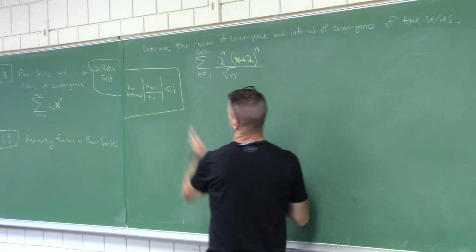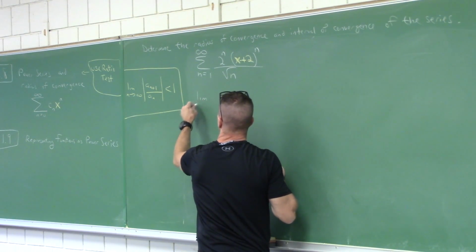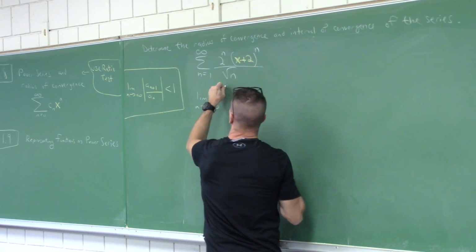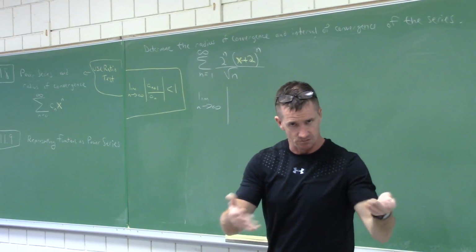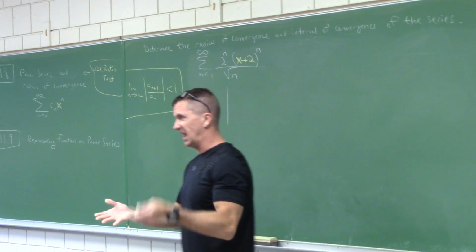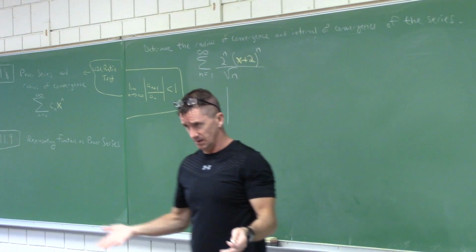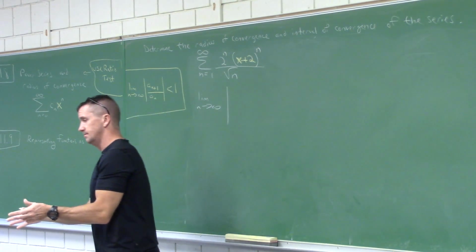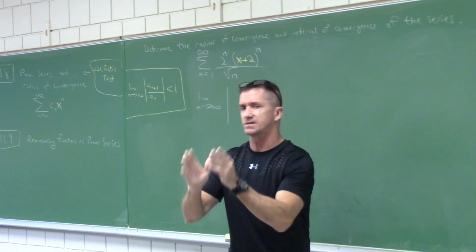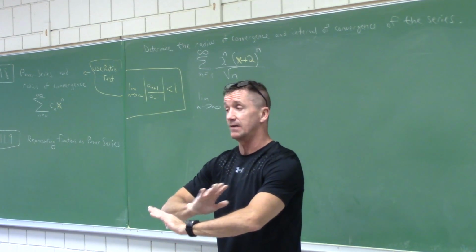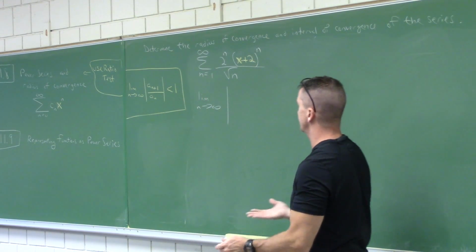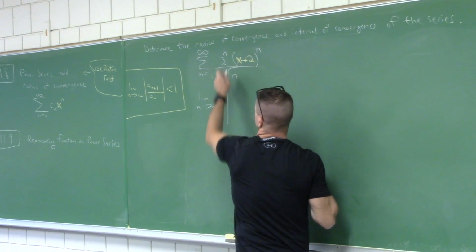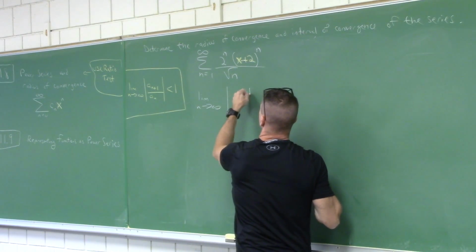We immediately go to the ratio, so the limit as n goes to infinity. I bet there are people in this room already off and running with this, doing 2 steps at once. But that's not every student. I also highly respect the student who goes, I read everything, and sometimes I need to get out an extra piece of paper, and that's fine too. That's 2 to the n plus 1.